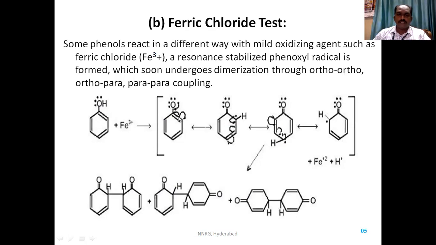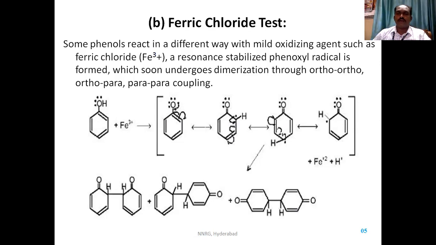One electron from this bond and one electron on the oxygen form a double bond, and one electron left goes to the next carbon. The next carbon bearing the electron forms a bond with another carbon so that the para carbon gets one electron. So a resonance stabilized phenoxy radical is formed, which rapidly undergoes dimerization.